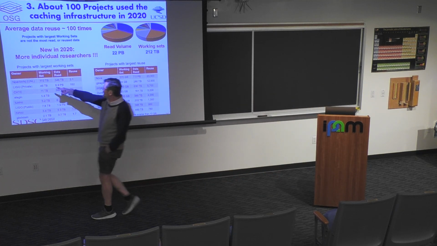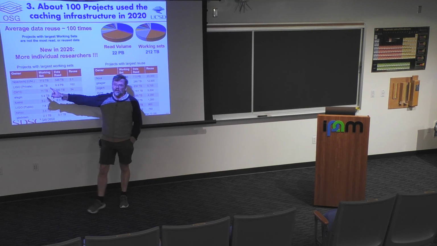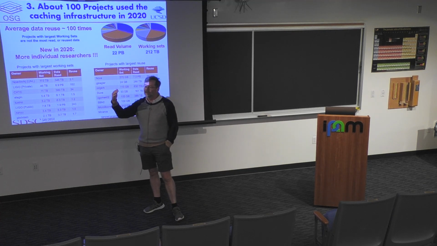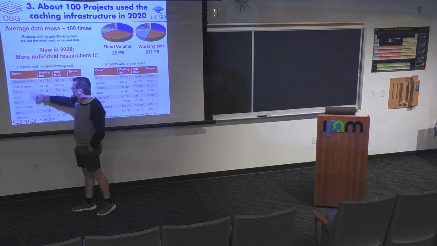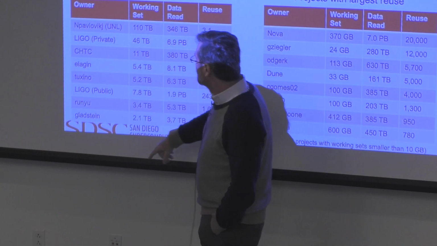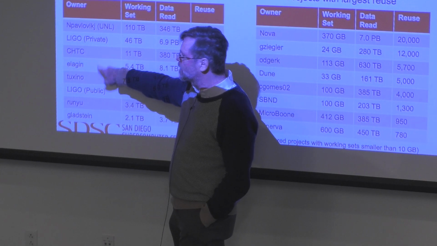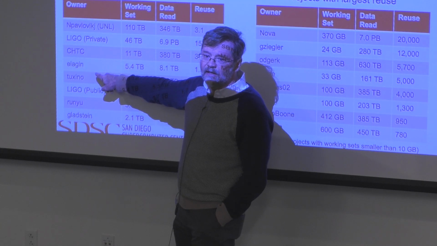This one is a single individual. She's a biostatistician doing genomics in food science. She analyzes data for tracing food contagion and stuff like this. And then LIGO private, LIGO public. In between, you have some individuals that, if I remember correctly, do detector development for future instruments in physics.